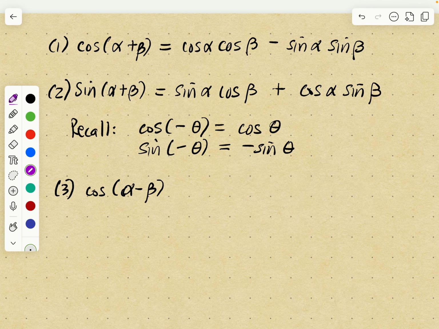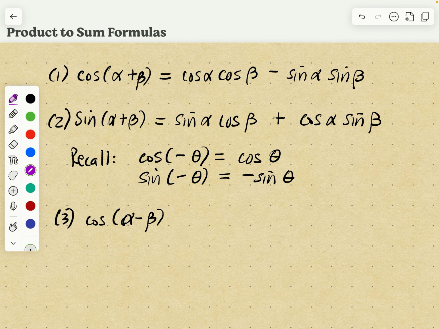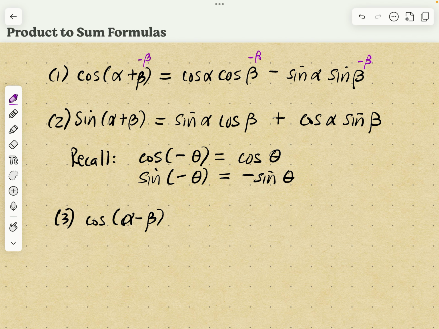So how would we find cosine of alpha minus beta from the first formula? Well, the idea is to change beta to negative beta. So you replace everywhere you see a beta, you change it to negative beta, and then you use the even and odd properties of cosine and sine to change that.